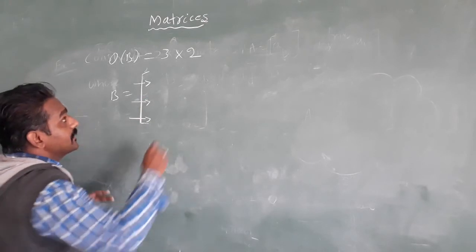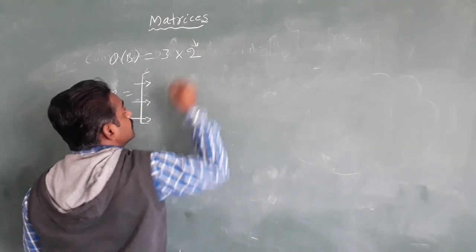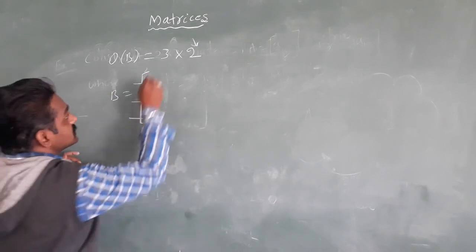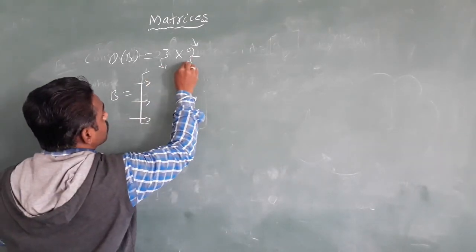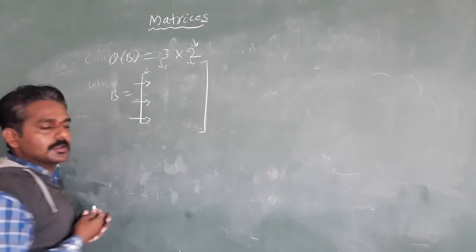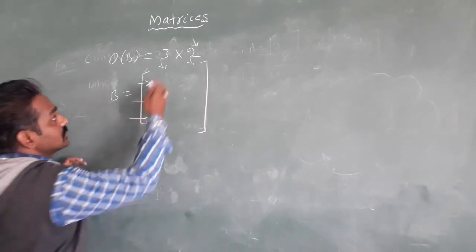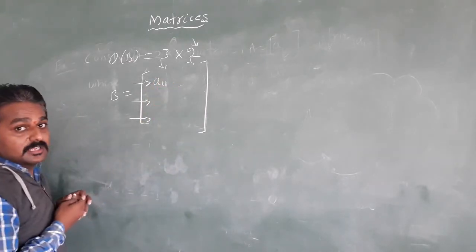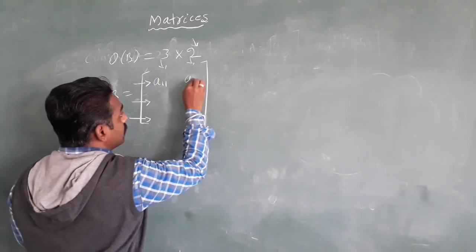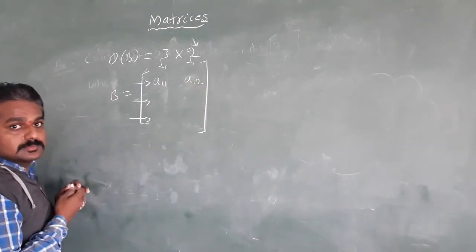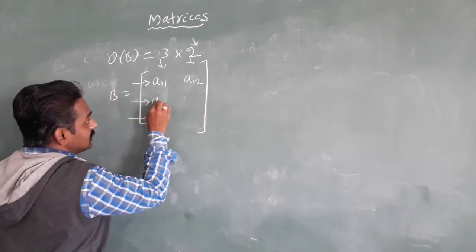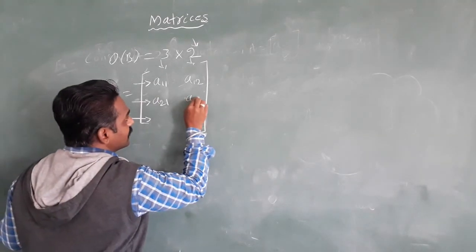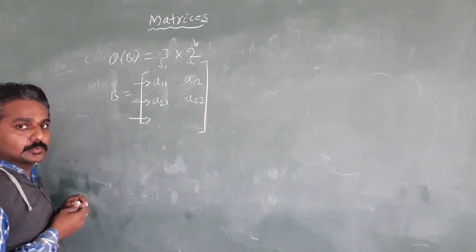That is defined by the number of columns. How many columns are there? 2 columns. So first row, first column, that is A11. First row, second column, A12. Next, second row, first column, A21. Second row, second column, A22.